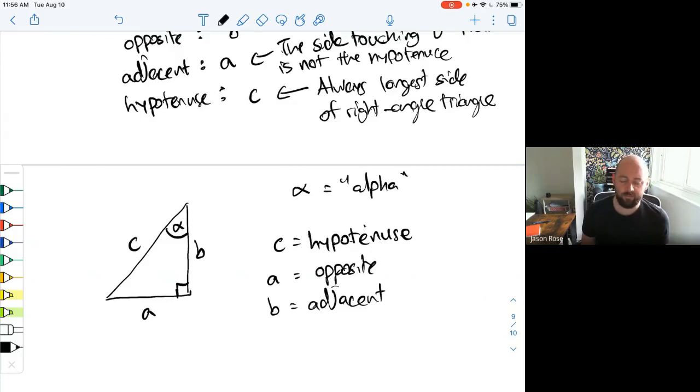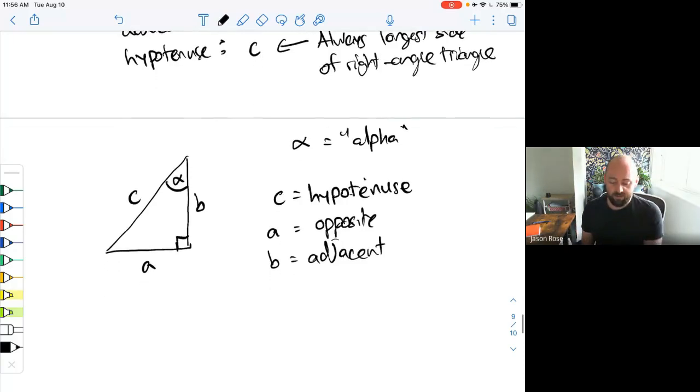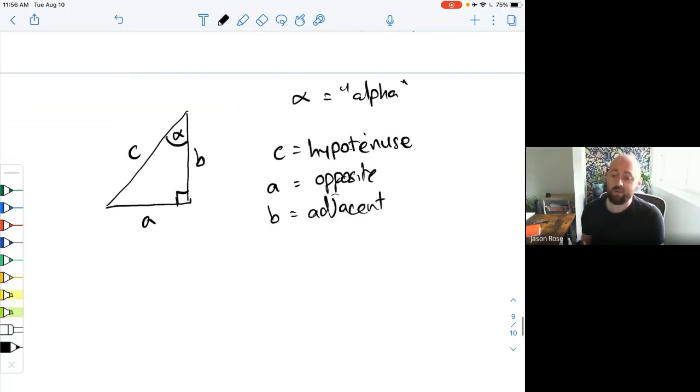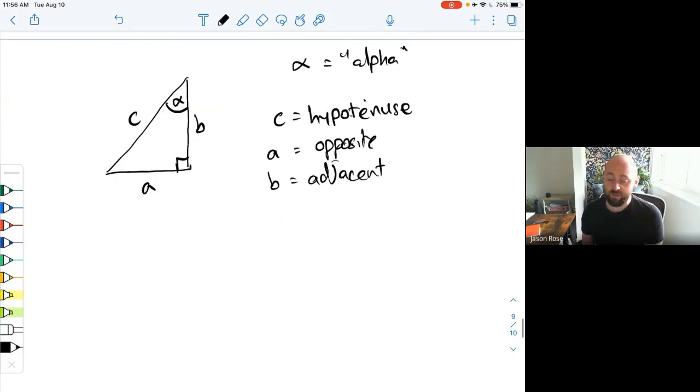No, it looks wrong to me. Anyway, it's important to know which is the opposite, which is the hypotenuse, and which is the adjacent, because that's how we're going to start off by defining sine, cosine, and tangent. Those functions probably ring a bell from when you did trigonometry before, and hopefully more than just ring a bell, but I'll be going through them all again, making sure that everyone's up to speed on those.